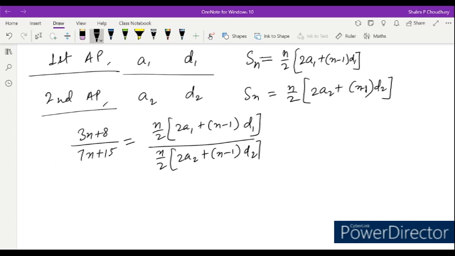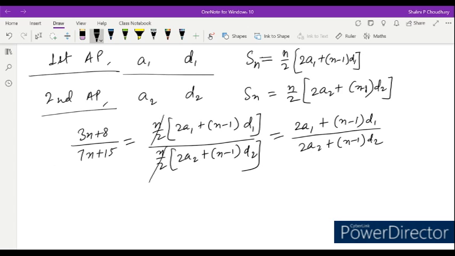The n upon 2 we will cancel. So what value are we getting? 2a1 plus (n minus 1) d1 upon 2a2 plus (n minus 1) d2.